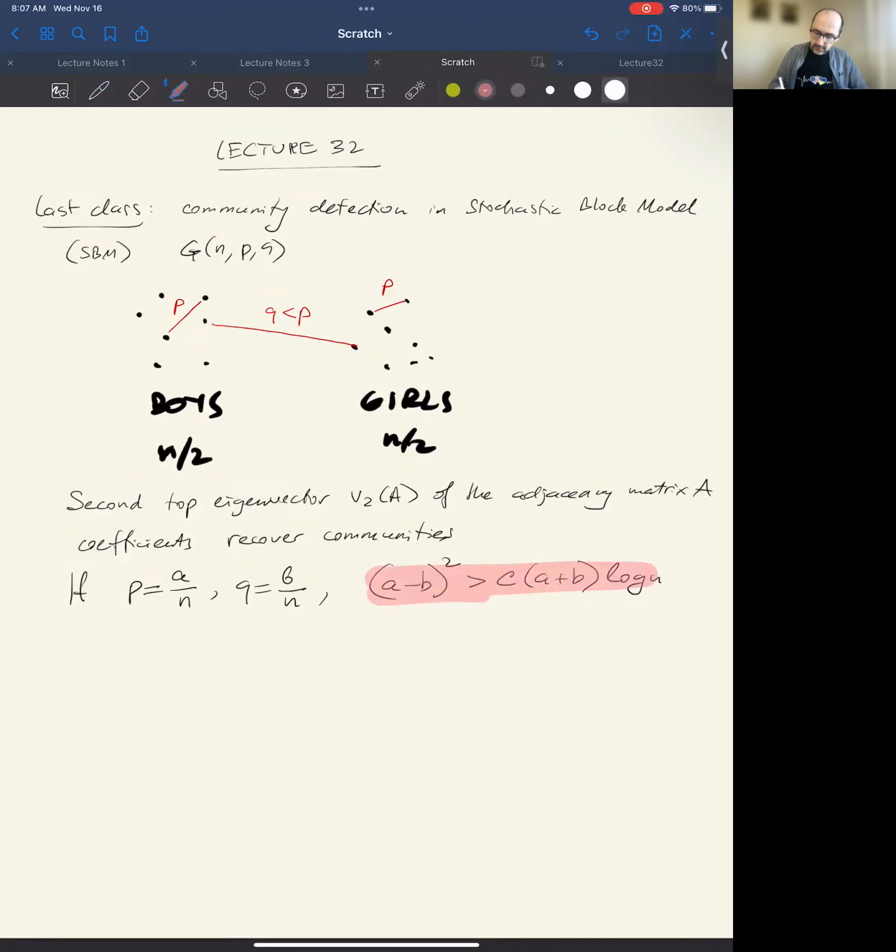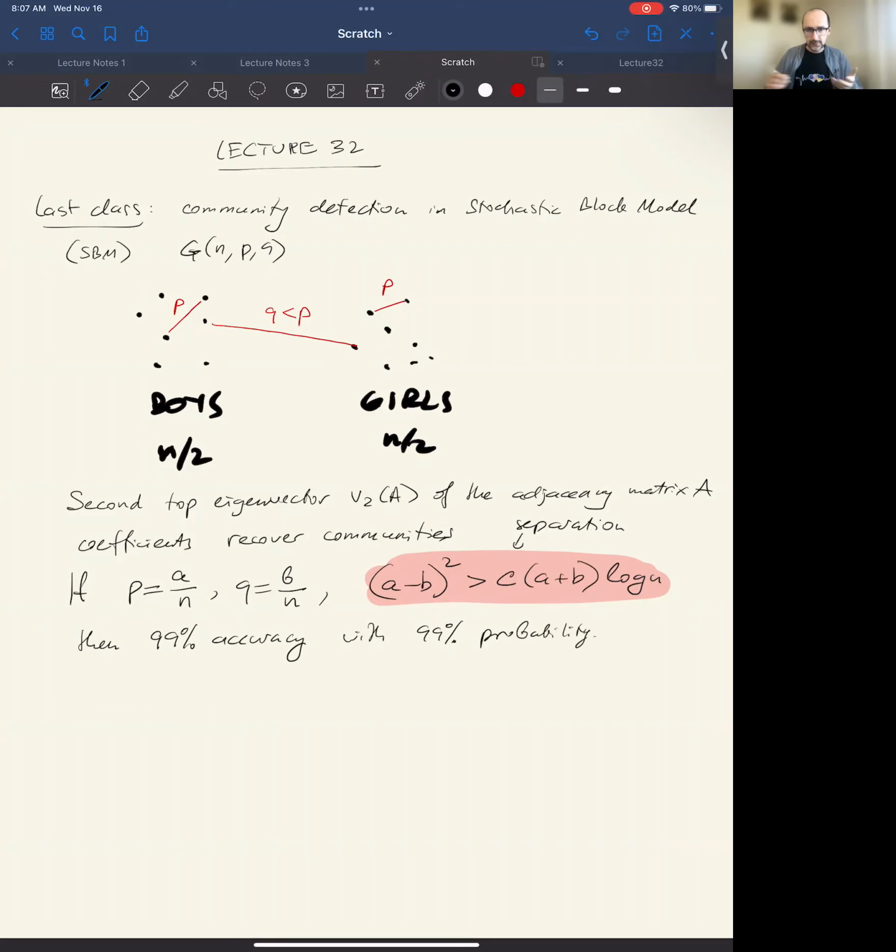So if this separation assumption happens, then everything works. Then there is 99% accuracy, which means that we can make a mistake in maybe 1% of boys and misclassify them as girls and vice versa, but otherwise 99% accuracy with 99% probability.